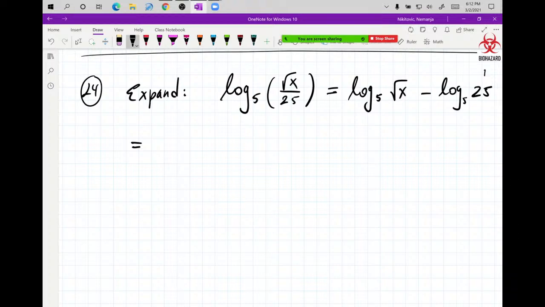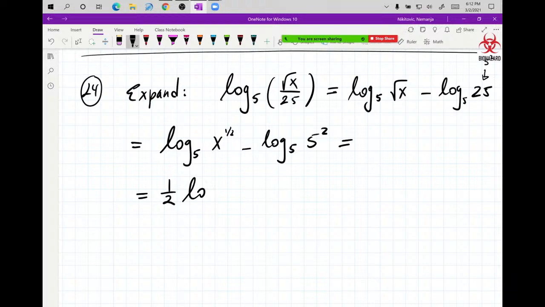You can write 25 as 5 squared. I hope you see that. So I'm just going to write that in the next step. x to the 1/2 minus log base 5 of 5 squared. And now by rule 3, 1/2 gets kicked outside. You have 1/2 log 5 of x minus 2 gets kicked outside, and you have log 5 of 5.